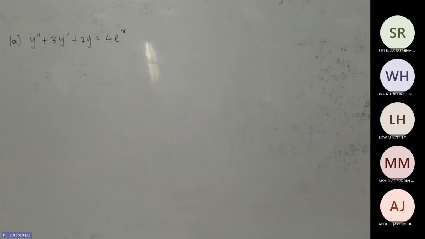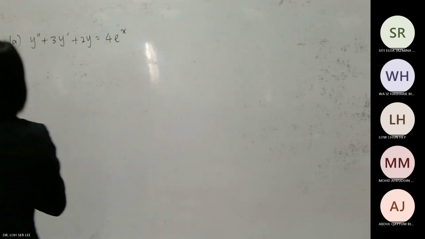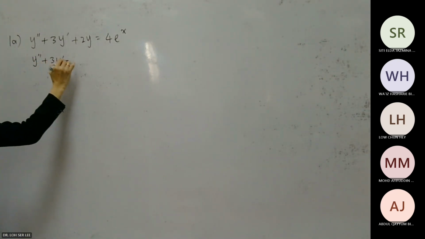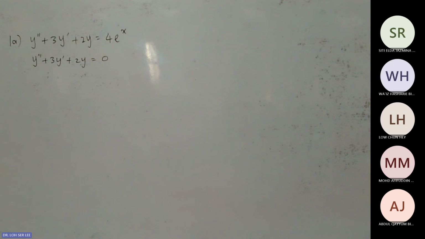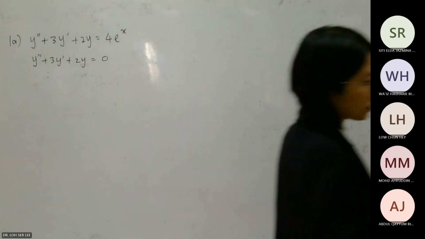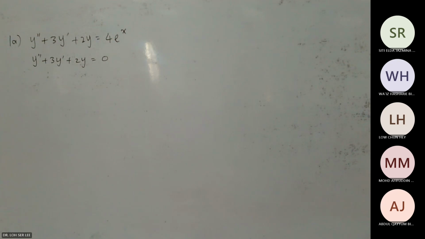For the yc, let the right hand side be 0, then get the characteristic equation and find the yc. What is your m?